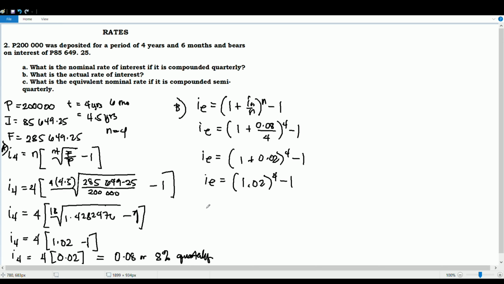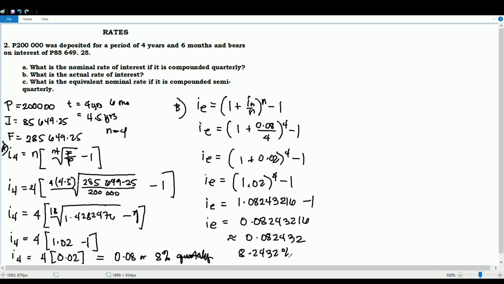Now the fourth power of 1.02 is 1.08243216, minus 1. We subtract 1 and have 0.08243216. In 6 decimal places, we have 0.082432. In percentage form, we have 8.2432% annually.